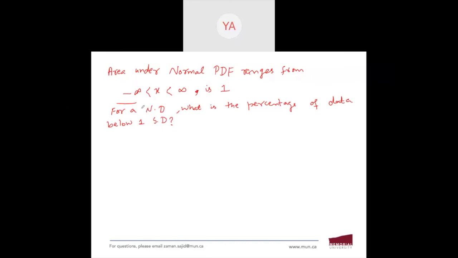For a standard normal distribution, what is the percentage of data below one standard deviation?